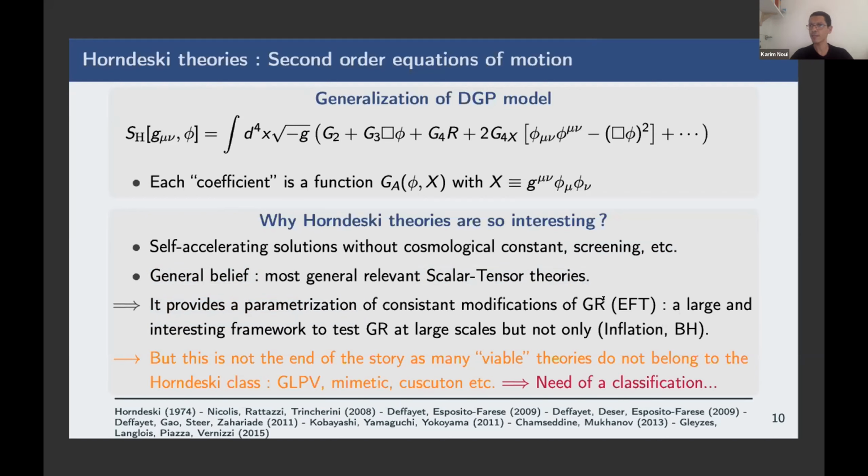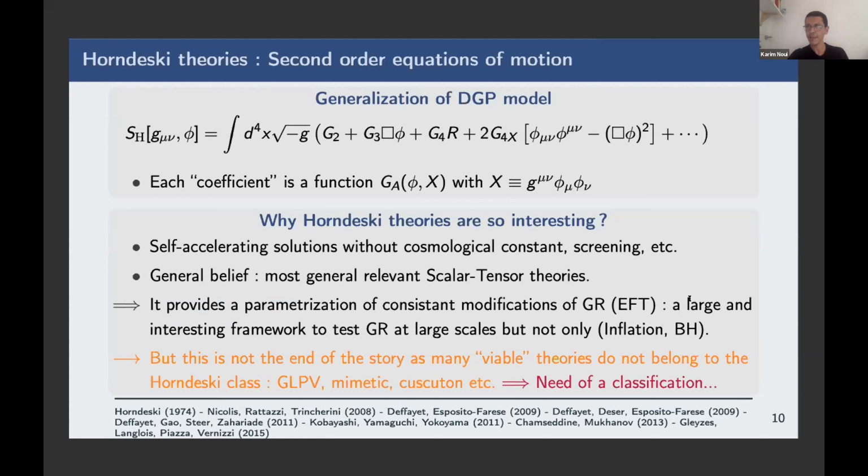And this is extremely interesting because if you can say, okay, these are all the possible deformations of general relativity of the kind of scalar tensor theories, then you can parameterize all the possible deviations, and then you can test and constrain all these deviations in a very complete way.